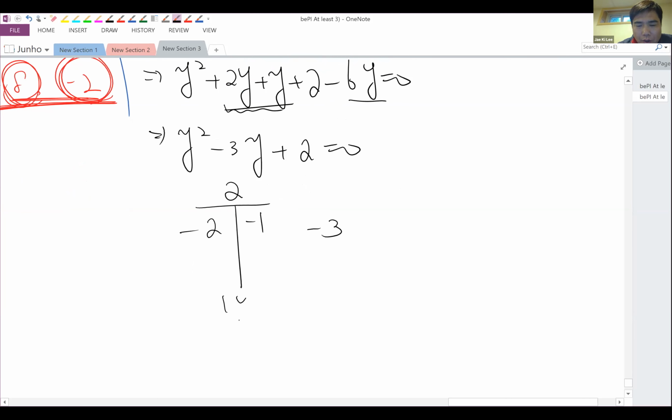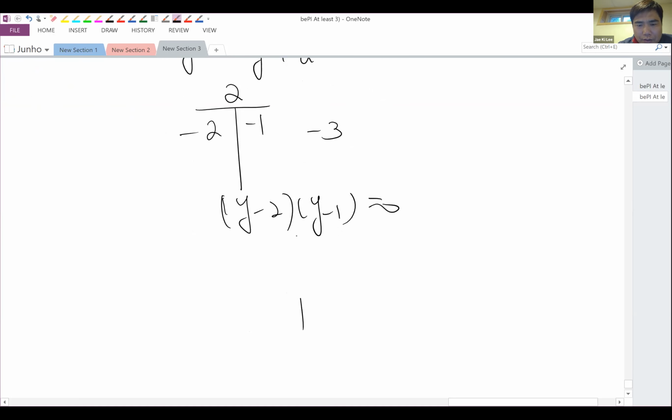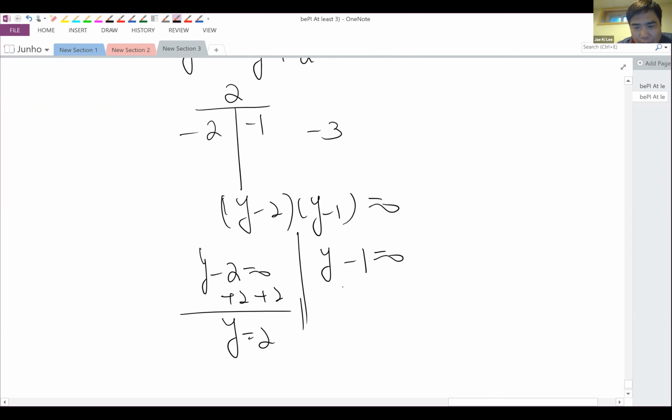So it becomes y minus 2, y minus 1 equal to 0. So from here we found y minus 2 equal to 0, y minus 1 equal to 0. So y equals 2, and y equals 1 here.